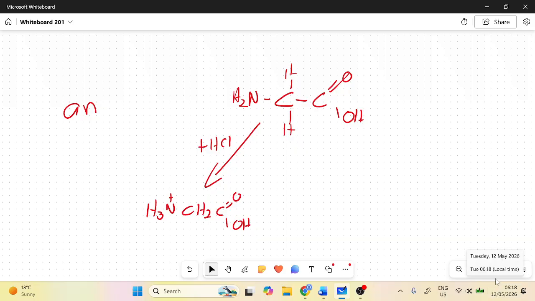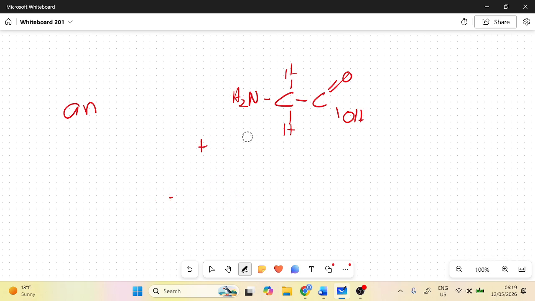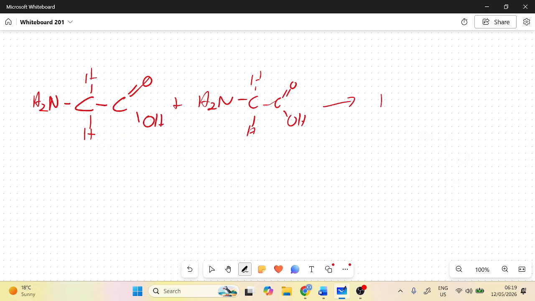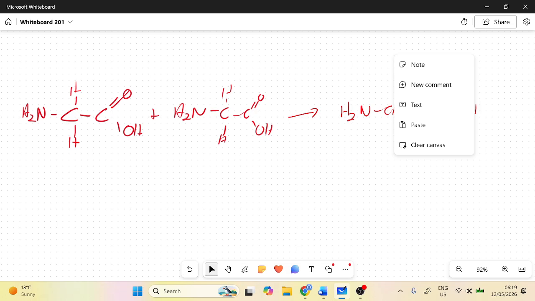Then a reaction between two molecules of glycine. This is the formation of a peptide bond. And it's just two molecules. So do not complicate life by trying to have more or trying to write the brackets.